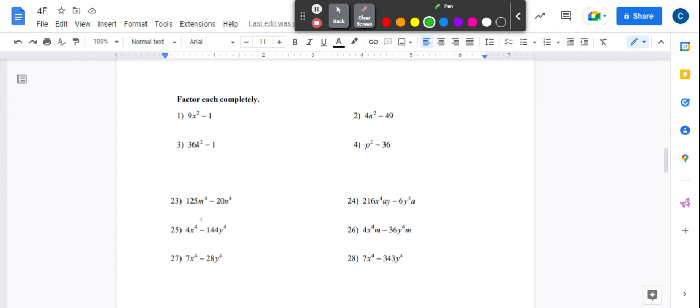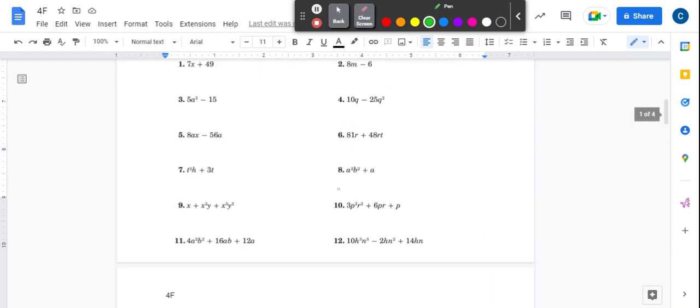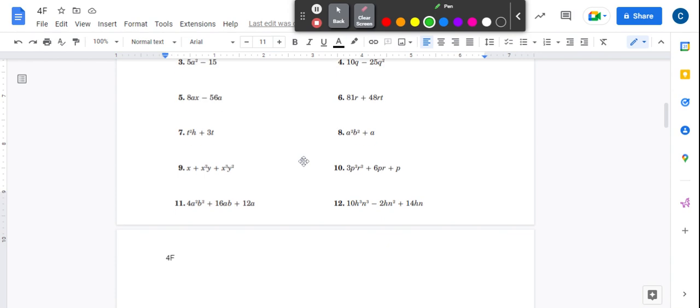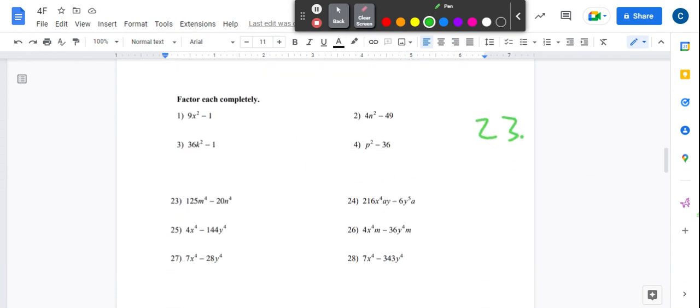But we can still do this, because we can factor out some numbers from 125 m to the fourth and 20 n to the fourth, sort of like we did on this first step. There are some numbers that multiply into 125 and negative 20.